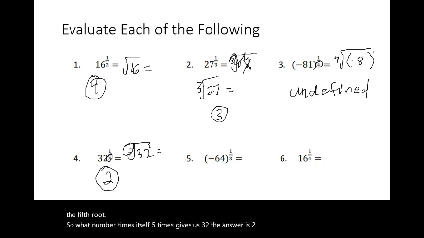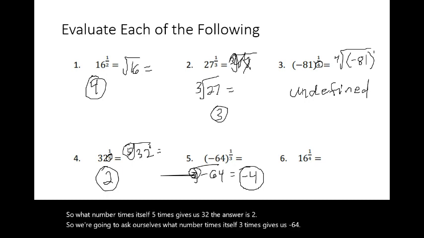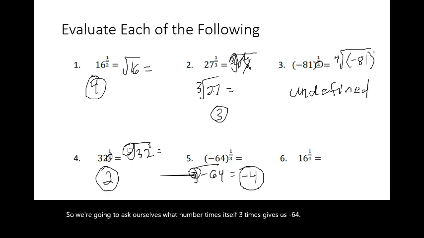Then for this next one, an exponent of 1/3 is a cube root, so we're taking the cube root of negative 64. So we're going to ask ourselves, what number times itself 3 times gives us negative 64? You can take the odd root of a negative number. The odd root of a negative number is negative, so the cube root of negative 64 is just negative 4.